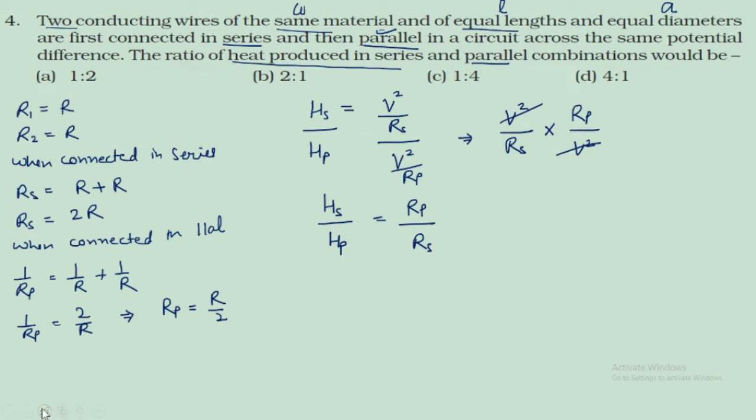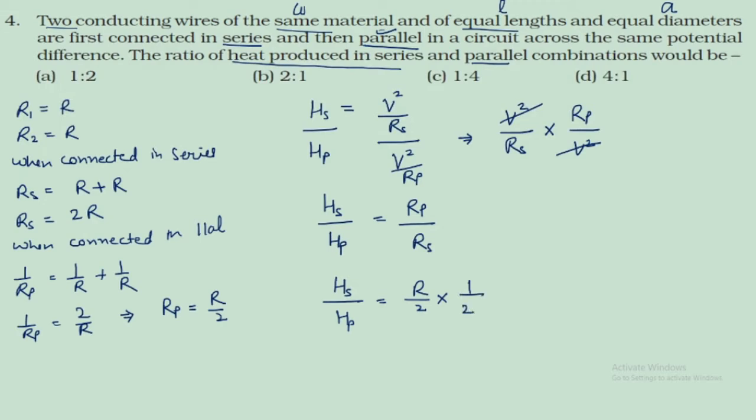So let's take the values. Hs upon Hp. Now Rp is R upon 2 into Rs. Rs is 2R.